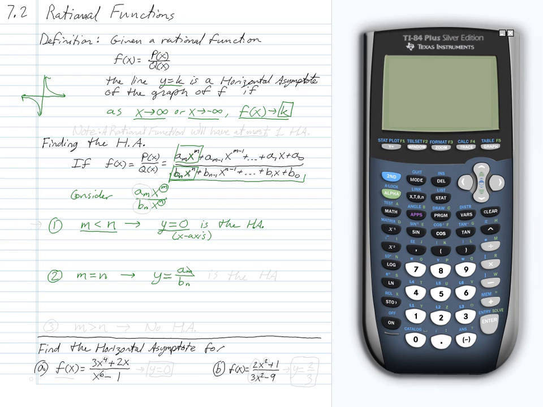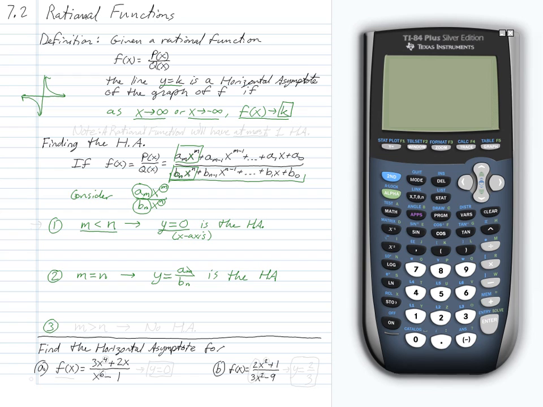In other words, whatever the coefficient of the numerator is over whatever the coefficient of the denominator is. Okay, so those are two situations we may encounter.